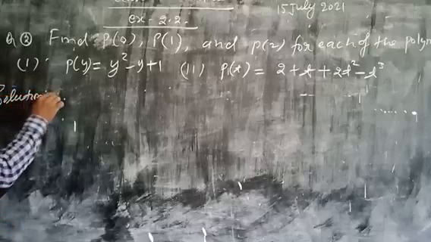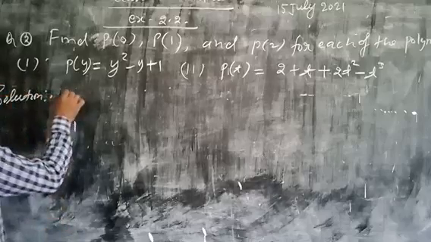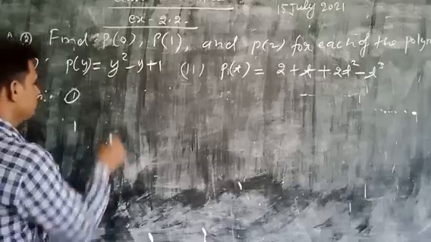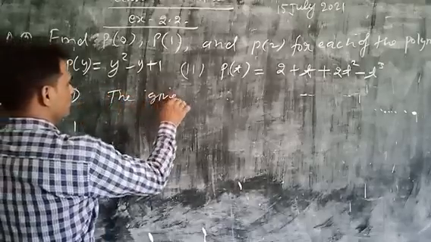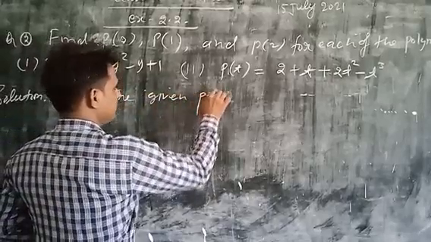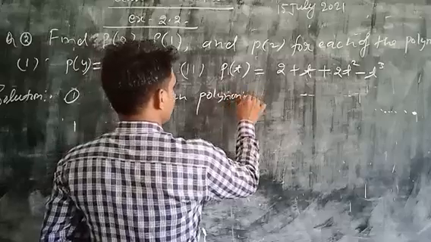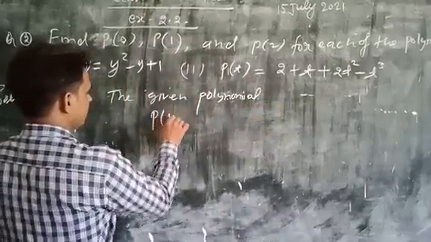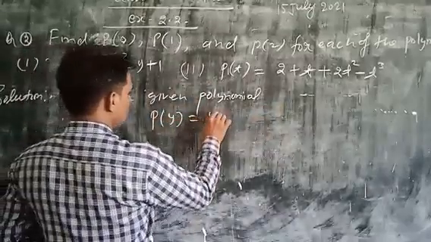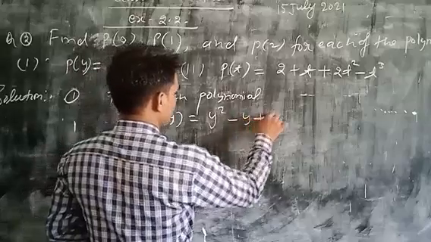Now we can simplify it. The first part of the question: the given polynomial is Py, and Py is equal to y square minus y plus 1.